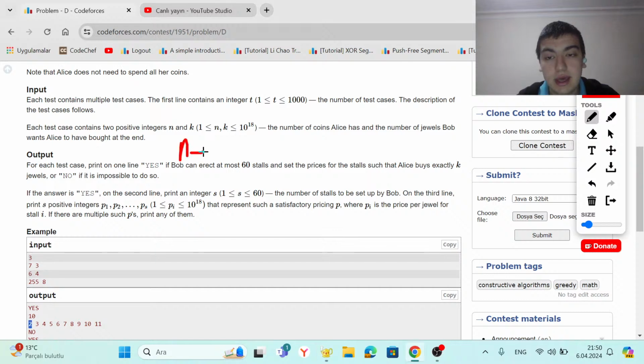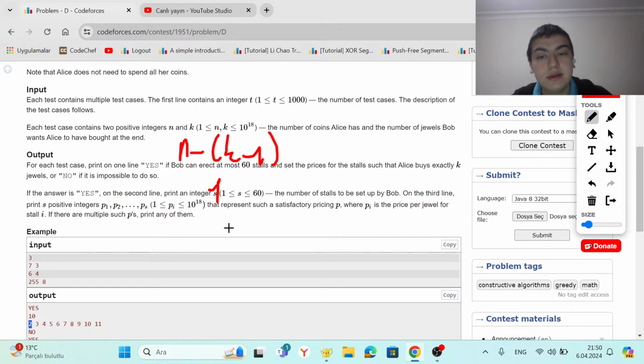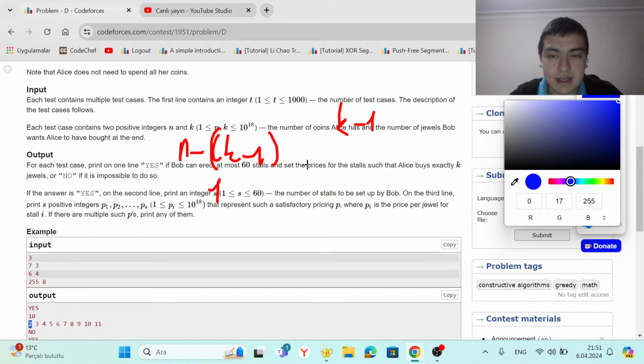First we put n minus k minus 1, and after that we put all ones. This is because we are putting exactly k minus 1. We put n minus k minus 1, so that we buy.